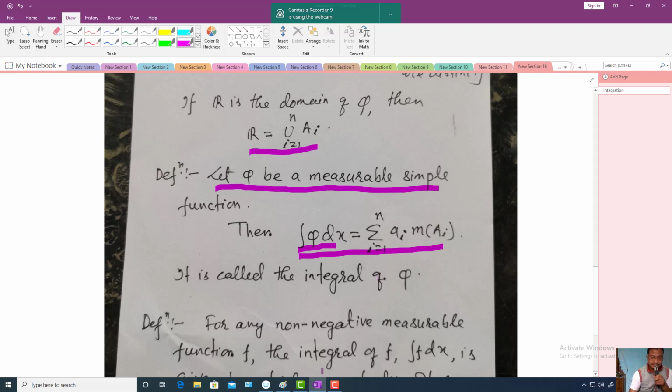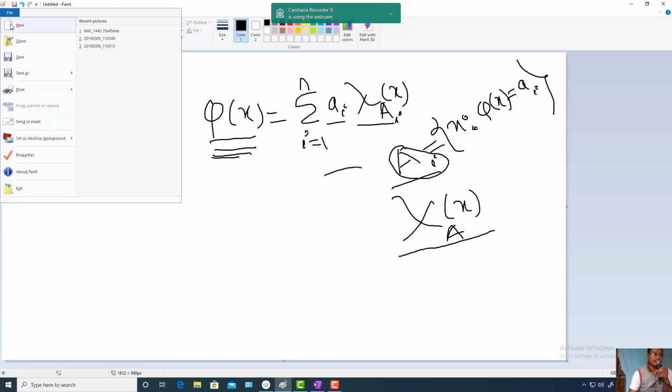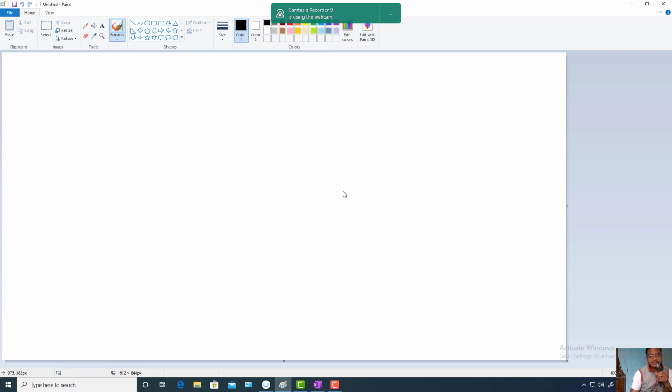First let us see how the integration is defined in our lower classes, the definite integral. Suppose the graph of the function is like this.